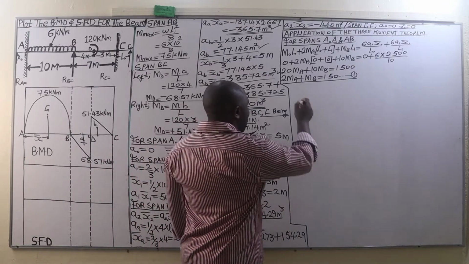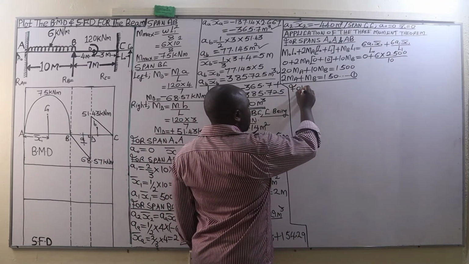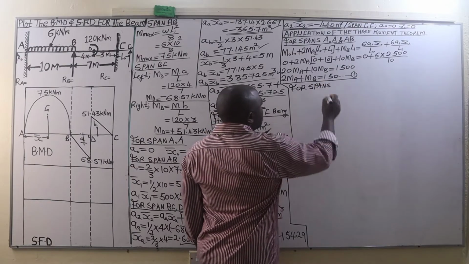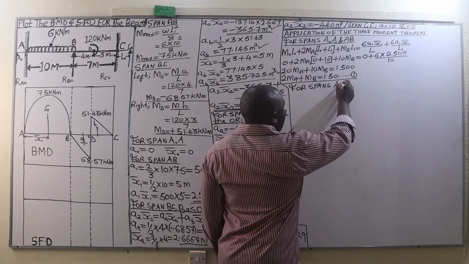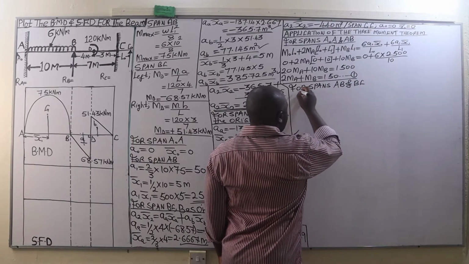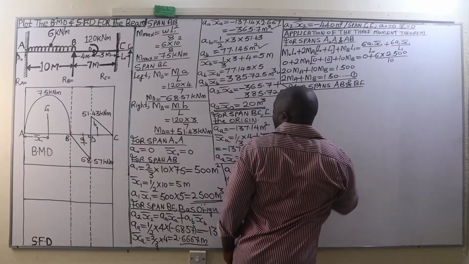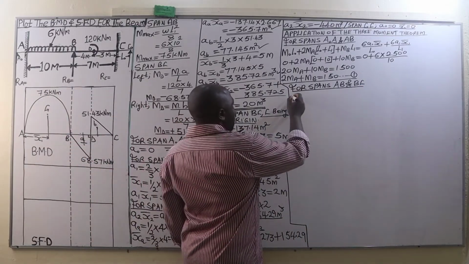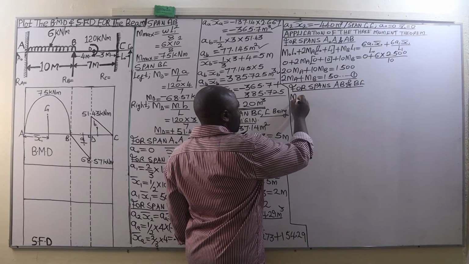From there, we go to the spans AB and BC. The three moment equation is going to be as follows.